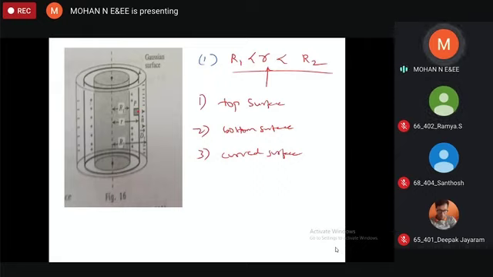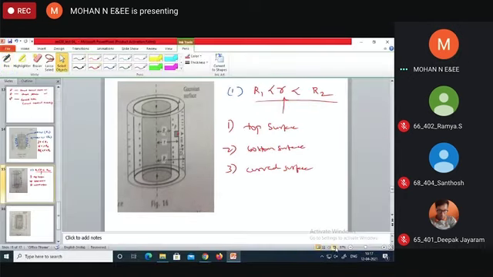Exactly. Why? Because the density of the flux will be radially outwards. Am I right here? If you take the flux distribution like this on the inside surface, these are my positive charges, correct? And there will be some flux density in the direction like this.